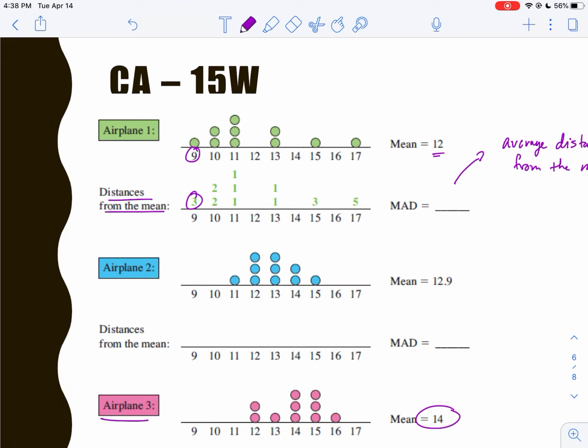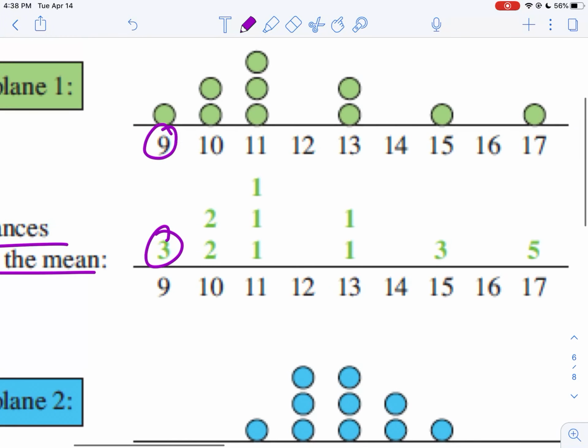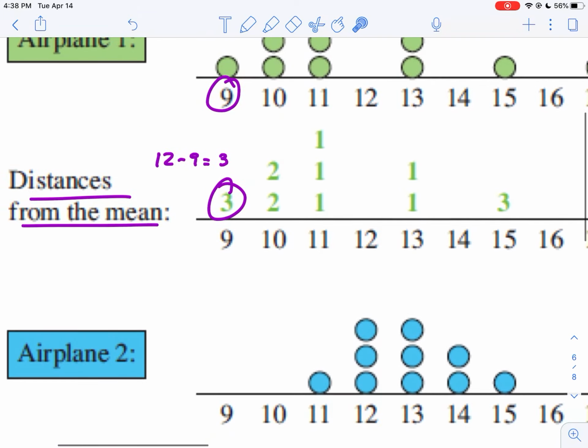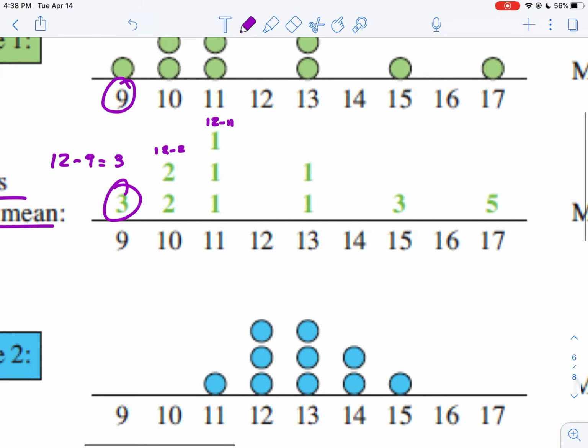But what if you were using a decimal or there's a bigger spread? Or what are you actually doing mathematically here? Mathematically, you're really taking 12 minus 9 to get 3. Okay. And then how far is 10 from the mean, which is 12? Remember, the mean's 12. Well, that's easy. It's 2, right? But again, it's just 12 minus 10. Here, 12 minus 11.